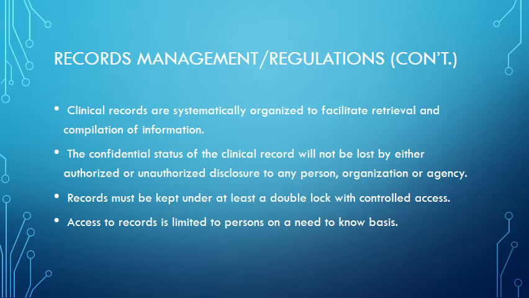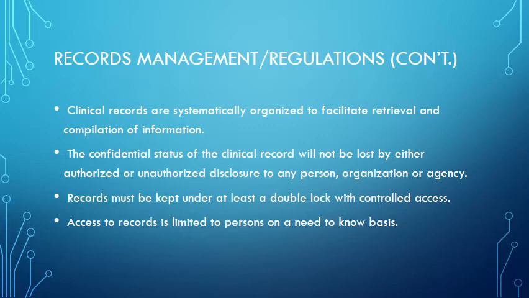Regarding security of records, the regulations refer to double locks, which is a reference back to paper charts, where the charts would be in a locked file cabinet behind a locked door, or in a locked room behind a locked door.